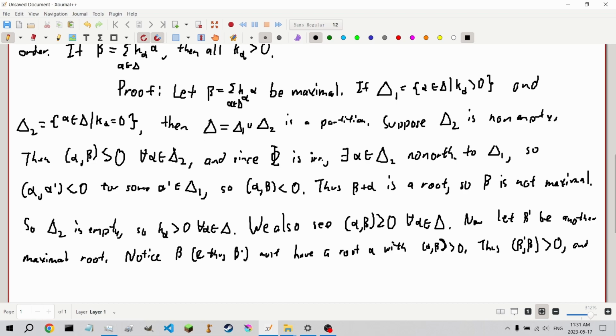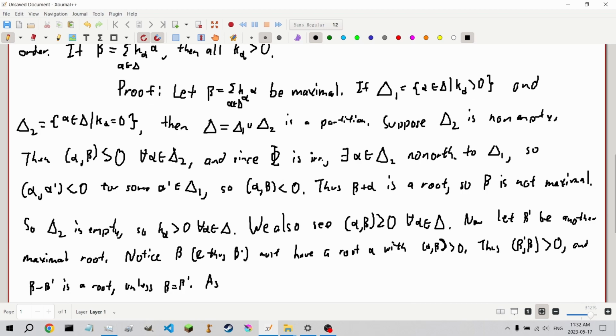And so beta minus beta prime is a root, unless beta is beta prime. But if beta minus beta prime is a root, then one of them has to be bigger than the other.